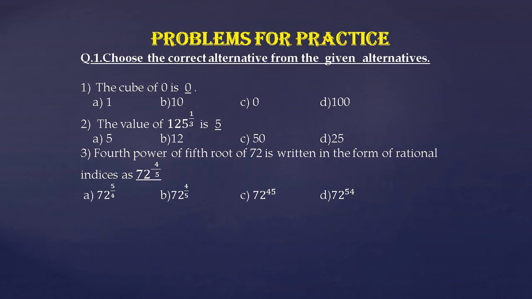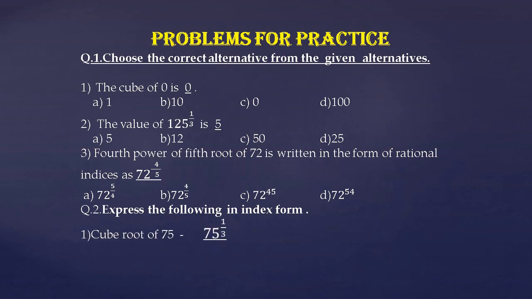Next question, express the following in index form. Cube root of 75 can be expressed in index form as shown on the screen. 10th root of 100 can be expressed in index form as 10 raised to 1 upon 10.